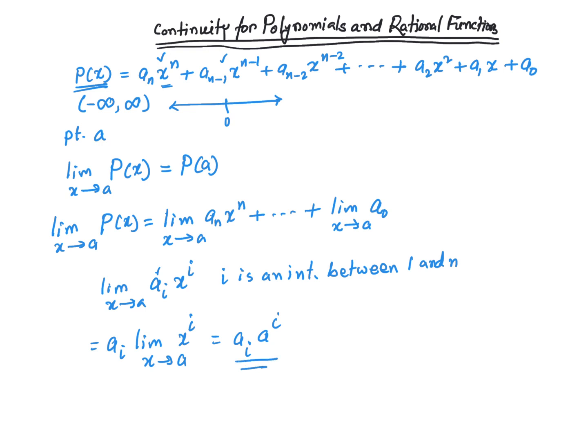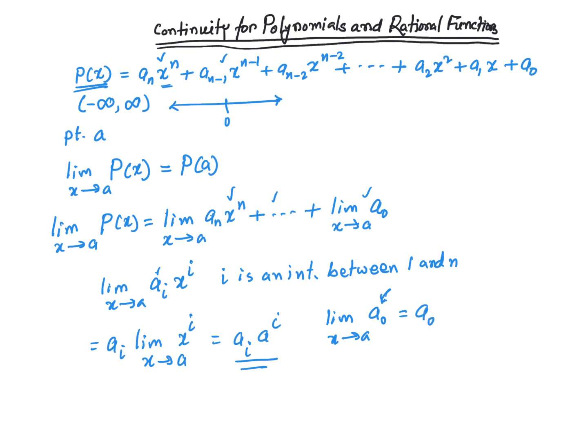So this limit exists for each of these terms. And finally, the limit of this last term, limit x approaches A of a sub 0, which is just a constant, is different from the others, by the way, okay? It's not impacted by the value of x because it doesn't have any x term in it. So this must be just a sub 0.